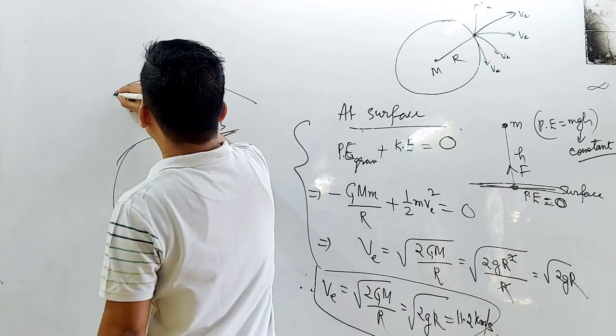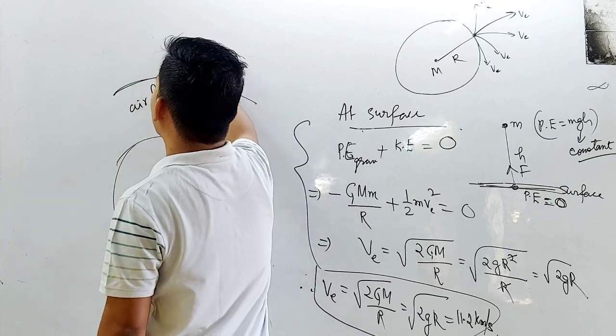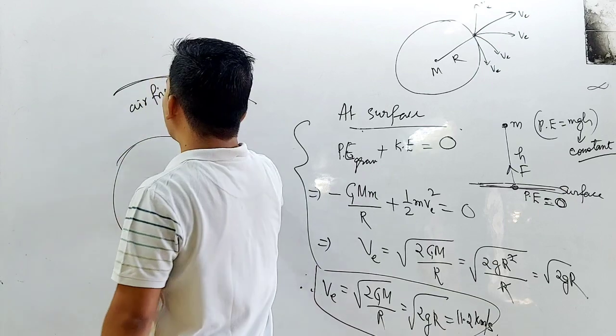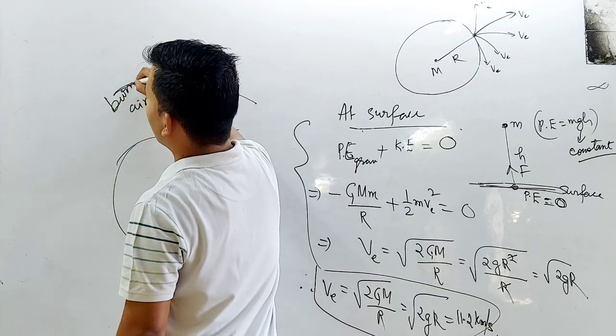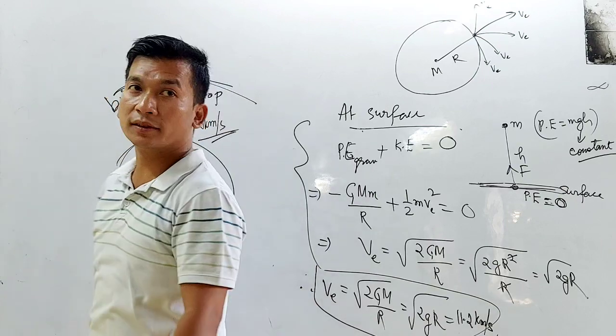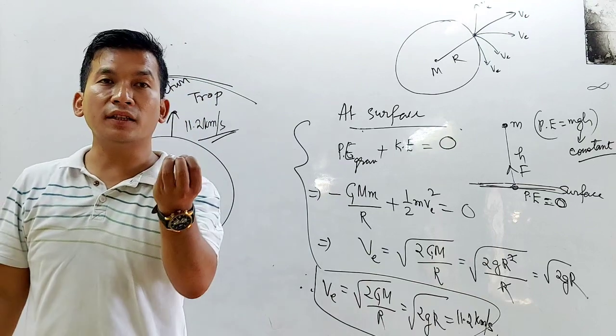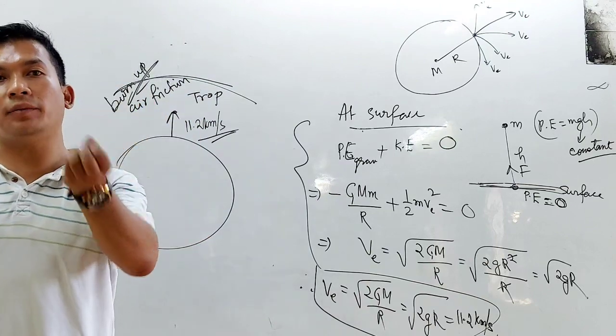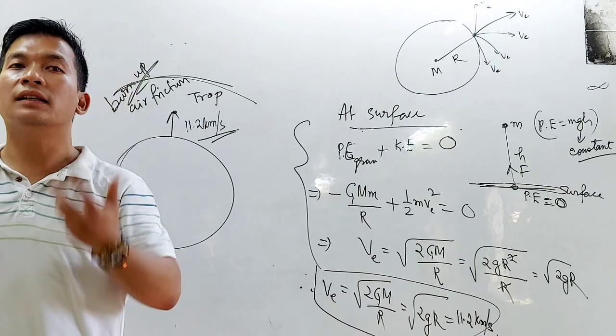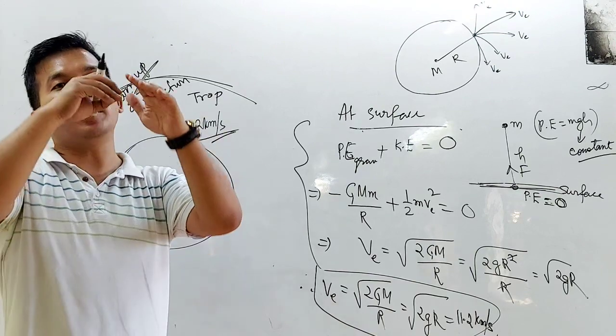this is impossible. Before reaching the stratosphere or the ionosphere, it will be burned off. Due to air friction, heat will be developed. If the heat developed is enough to ignite the object, then it will burn off.